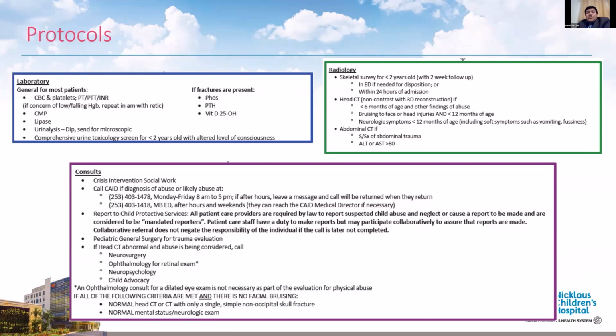They can start asking questions to the family in specific ways, and they can start evaluating the whole situation of the family and see how safe the environment is for the child. And of course, depending on the injuries that you see, you might consult neurosurgery or ophthalmology for the eye exam, a retinal exam, and other members as well.